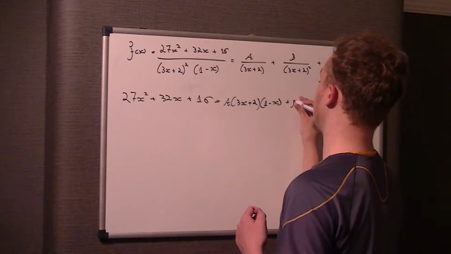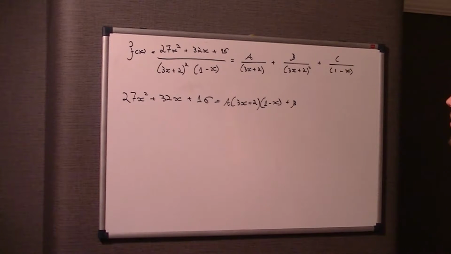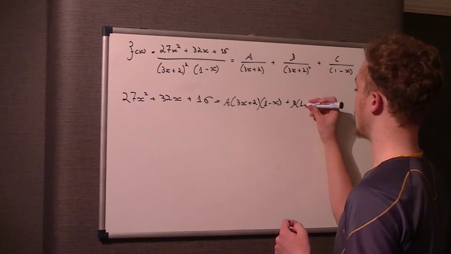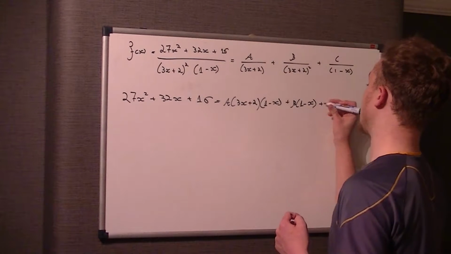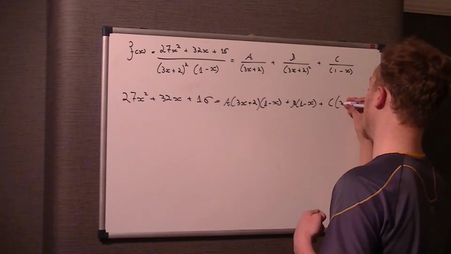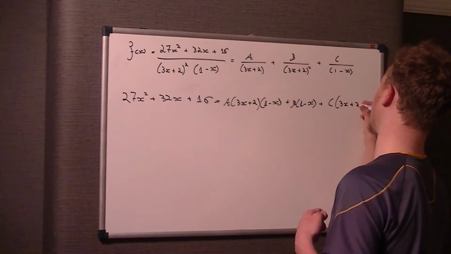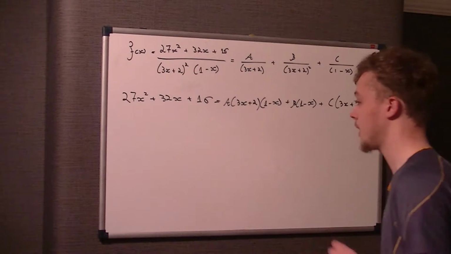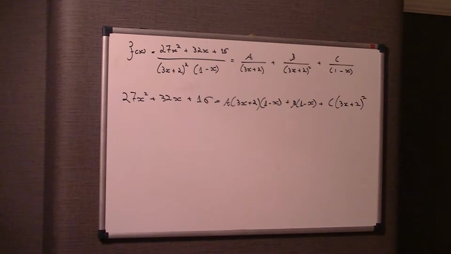For B, clearly the (3x plus 2) squared cancels, so we're just left with B times (1 take x). And for the C, the 1 take x cancels, but the (3x plus 2) squared doesn't cancel with anything. Then it's just a case of choosing suitable values to obtain values for A, B and C. We're told to find values for B and C and show that A is equal to 0.